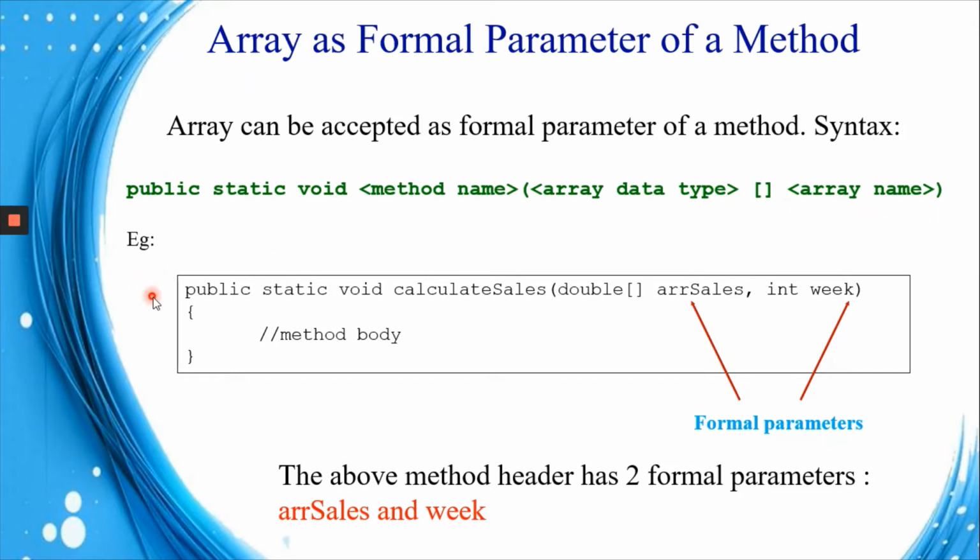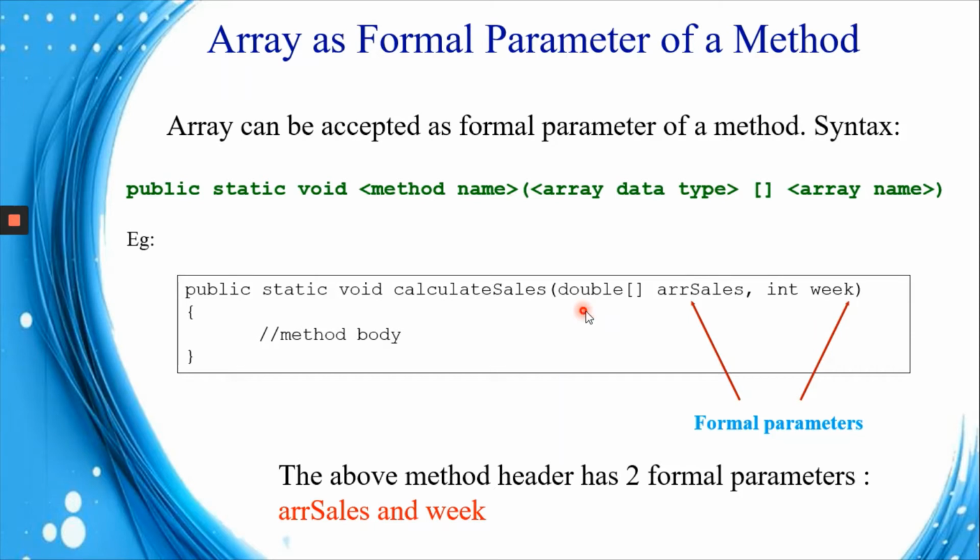For example, we have the method header here, public static void calculateSales. This is the name of your method. If you notice here, we have two parameters inside the bracket. One is an array, another one is an ordinary variable.